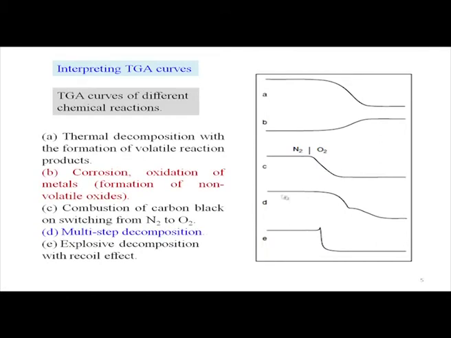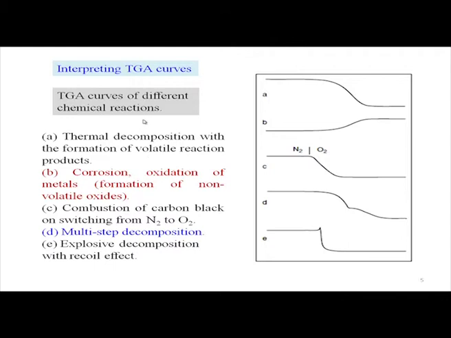Slowly, one by one: the first one is for thermal decomposition with the formation of volatile reaction products, which we have already seen in different cases. If we give you this particular plot, you should be able to tell what is happening, and if different options are given, you should be able to tell that this weight loss is there. Why do we say volatile reaction products?